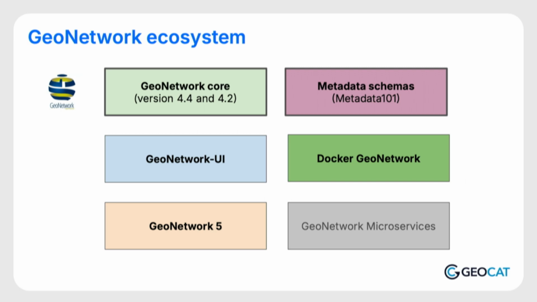GeoNetwork UI is an alternate front end for GeoNetwork, so it's built on top of GeoNetwork Core. We have a little Docker distribution of GeoNetwork, and we also have the new GeoNetwork 5 project, which I'll have a chance to talk about. GeoNetwork 5 is taking over from the earlier GeoNetwork microservices experiment.